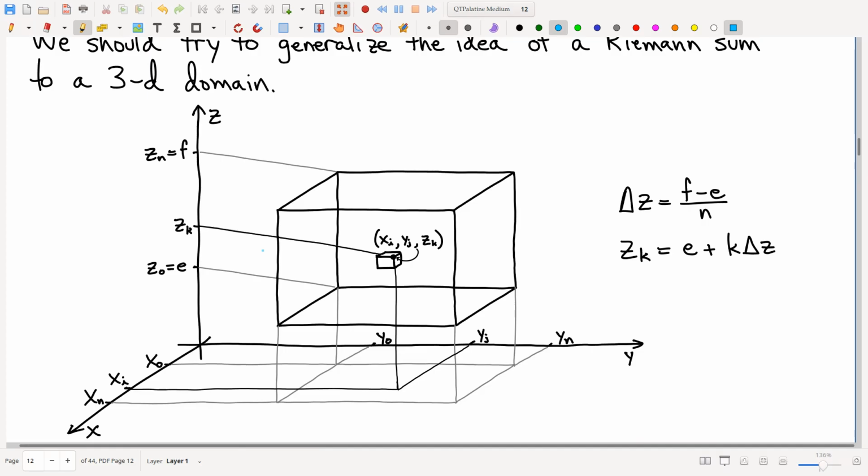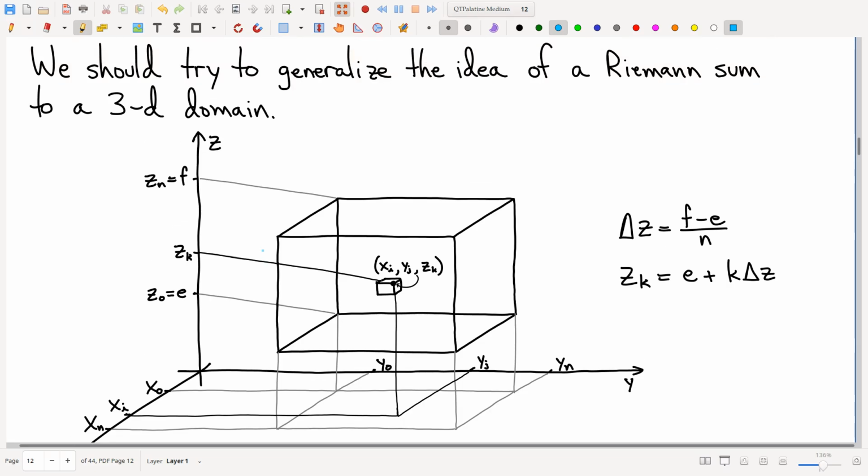Maybe you got something floating in your tank with a non-constant density, and you want to know the total quantity of whatever that floating stuff is in your tank. So, as is the case with every other kind of integral that we've seen, we have a new kind of domain. We want to be able to chop it up into pieces and then add over all those pieces. It's just that now it's a 3-dimensional domain instead of a 2-dimensional domain.